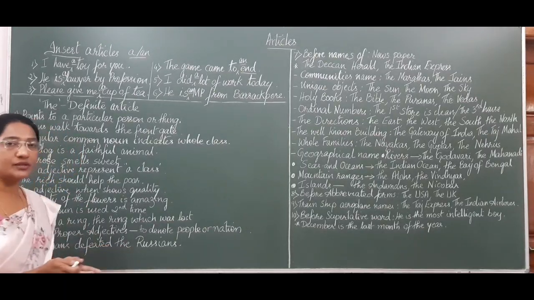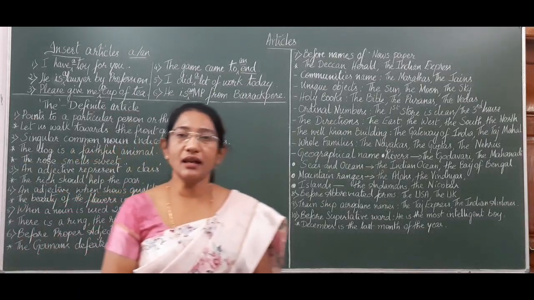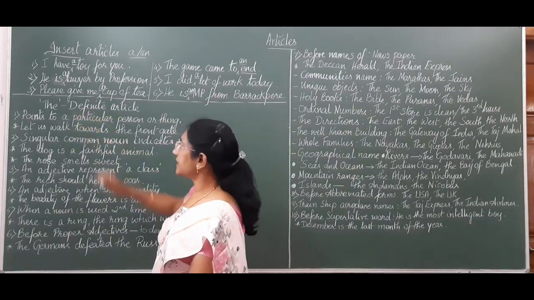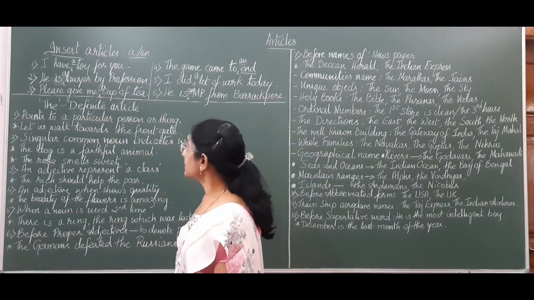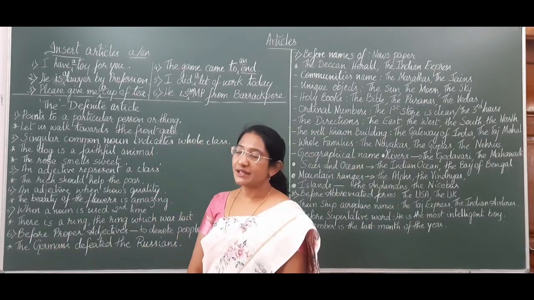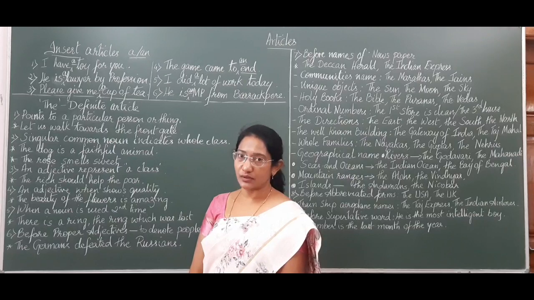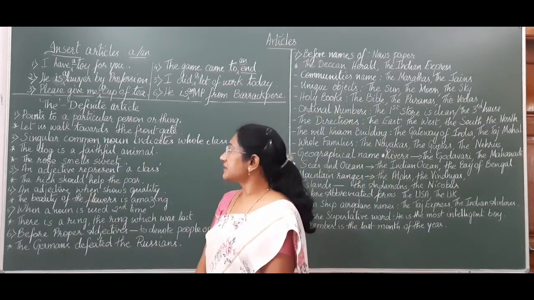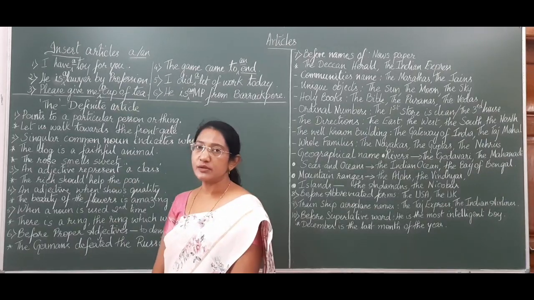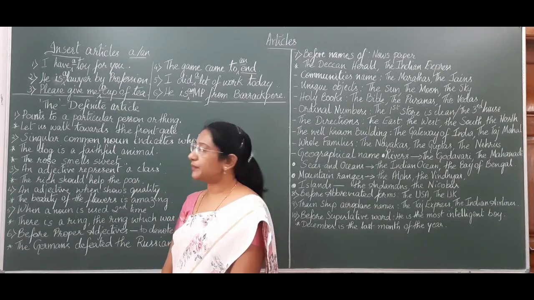Next we will see the usage of the definite article the. The is a definite article. It is used to denote both singular and plural nouns as well as countable and uncountable nouns. Let us note a few points on where to use the definite article the.